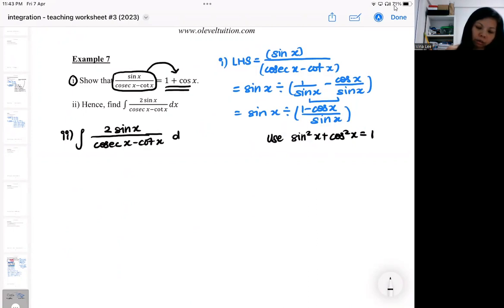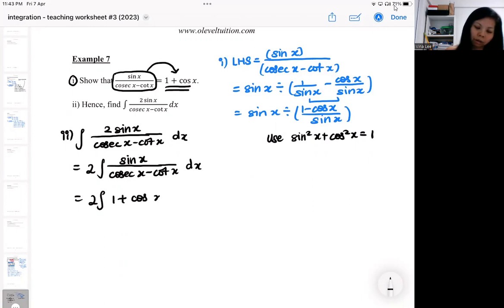There is a constant 2 that I can just bring out. So once I bring out the constant 2, the huge fraction is equivalent to 1 plus cosine x, which is very, very easy to integrate.